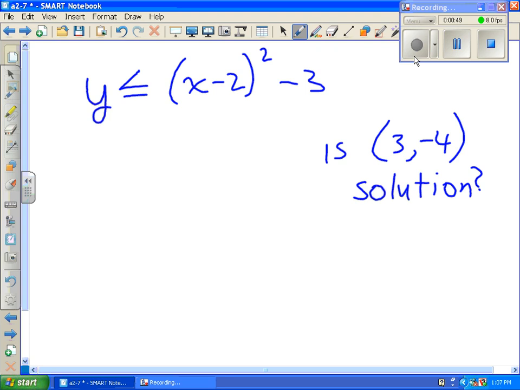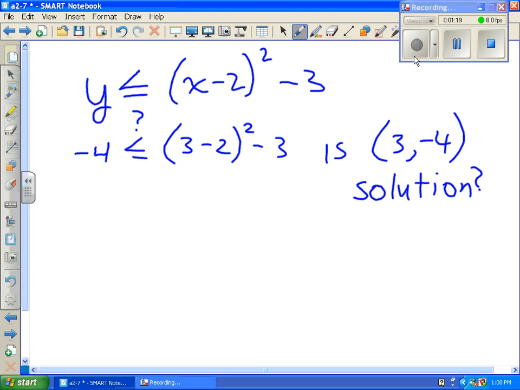That means what? If it's a solution, it means that when we plug those values in, this would be a true statement. That's all it means. It doesn't mean the solution, it means a solution. Let's see if that's the case. We replace y with negative 4. Is negative 4 less than or equal to (3 minus 2) squared minus 3?